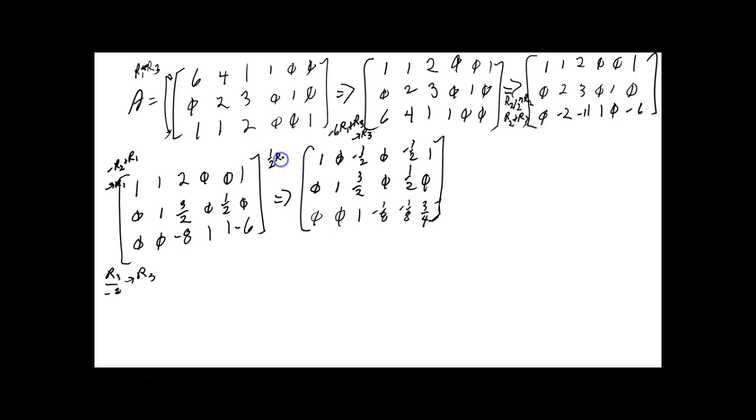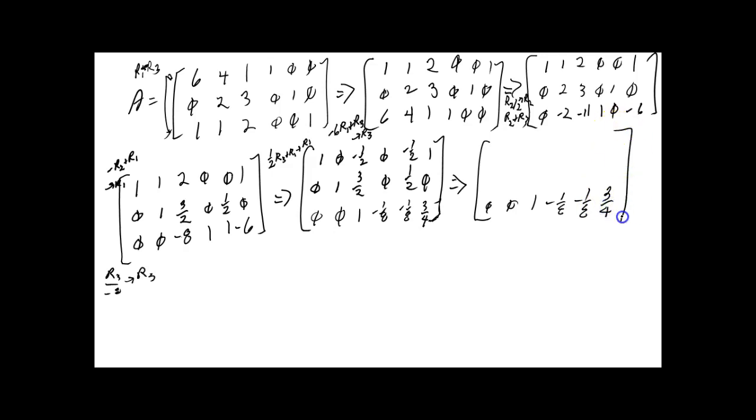1/2 row 3 plus row 1 is the new row 1. Okay? So 1/2 of 0, 0, whoops. I'm going to write down row 3. It's done. 0, 0, 1, -1/8, -1/8, +3/4.